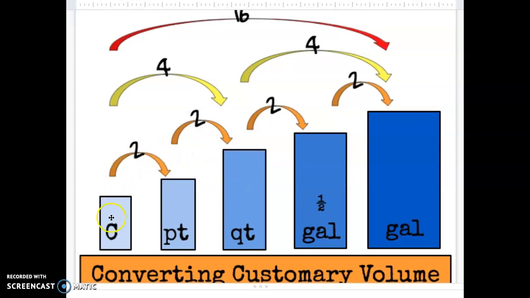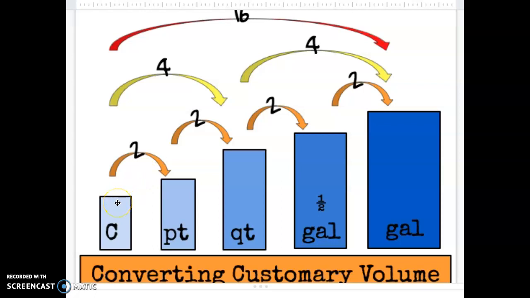To find out how many cups are in a gallon, it's multiplying 2 times 2 times 2 times 2. So it would sound something like this. 2, 4, 8, 16.